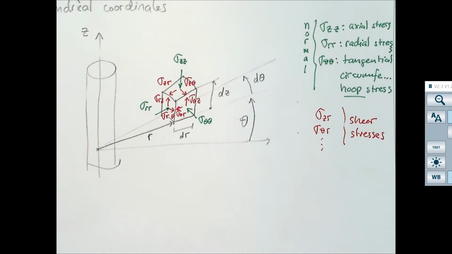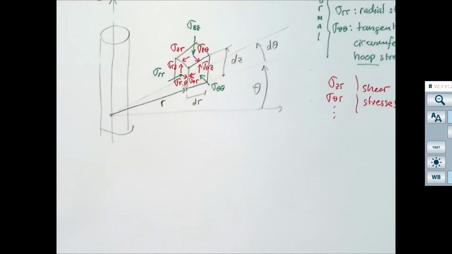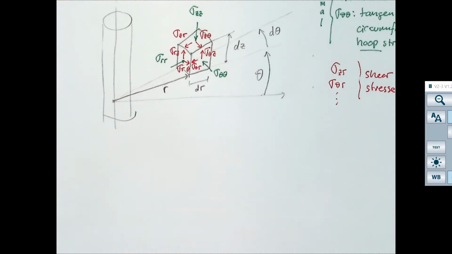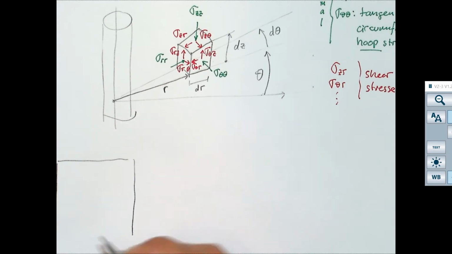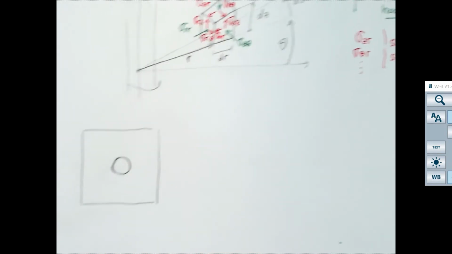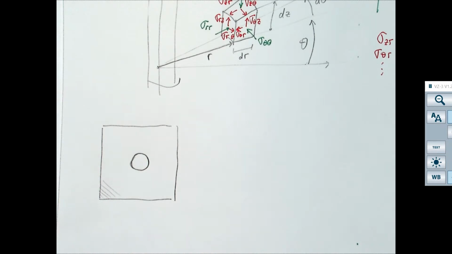So we're going to go term by term, analyzing what they mean, all right? We're going to start with the Kirsch solution for a solid. I'm going to assume for the moment that this is a solid with no pores, okay? We're going to add the porosity later on.